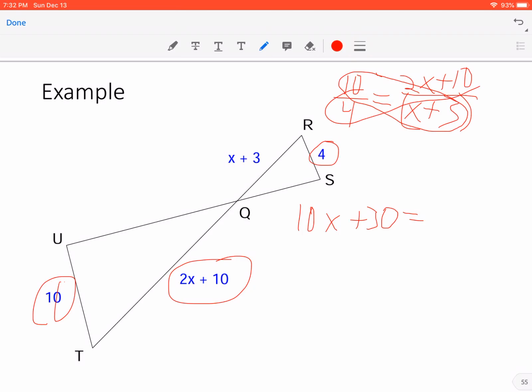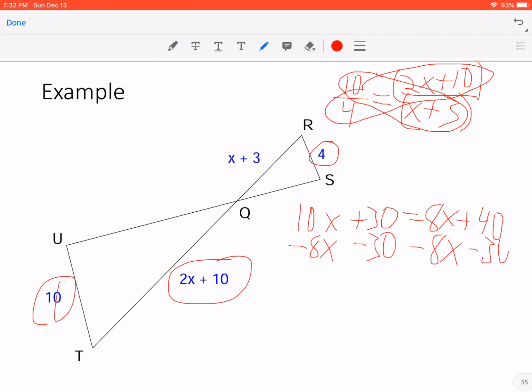And I'm going to distribute this one here. So that's 4 times 2x. That's 8x. And 4 times 10 is 40. Bring the 8x over. And bring the 30. And 2x is equal to 10. How many times 2 go into 10? X is equal to 5. And there's your answer there.